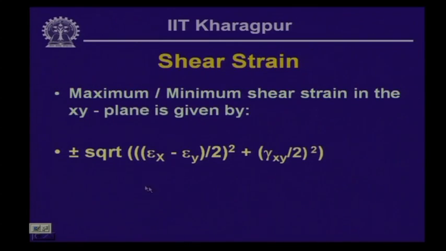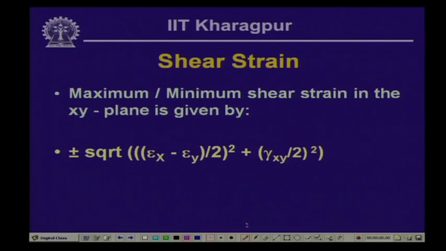Now, if we take the values of tan 2 theta s as we have obtained, this is the angle 2 theta s. Now, this side is gamma x y and this side is minus (epsilon x minus epsilon y).